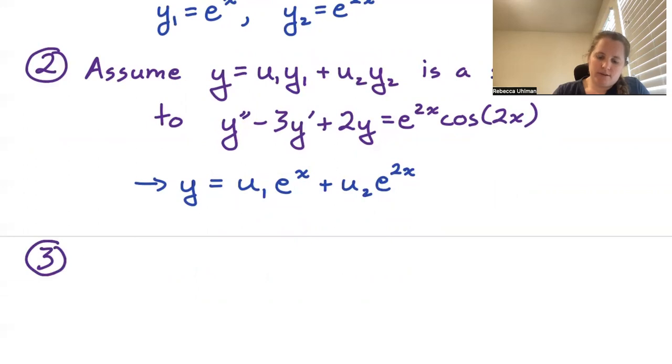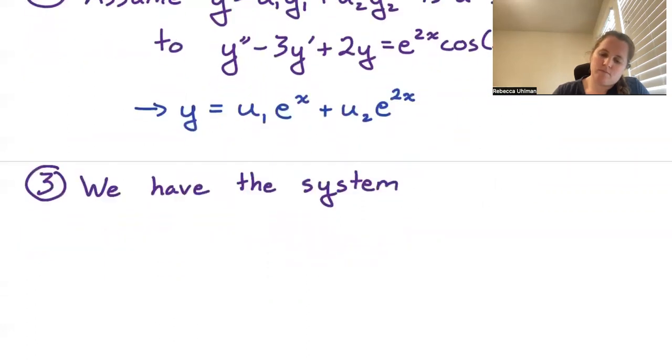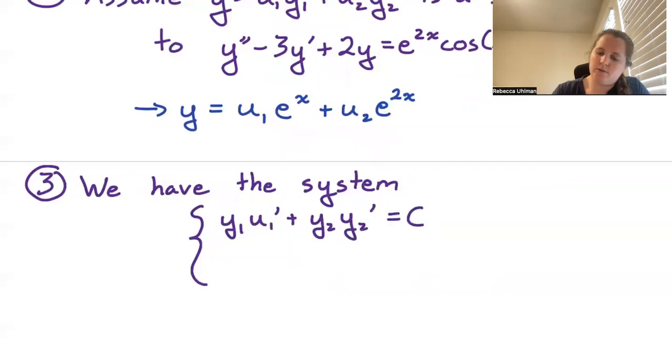Then we have the system y1 u1' + y2 u2' = 0.